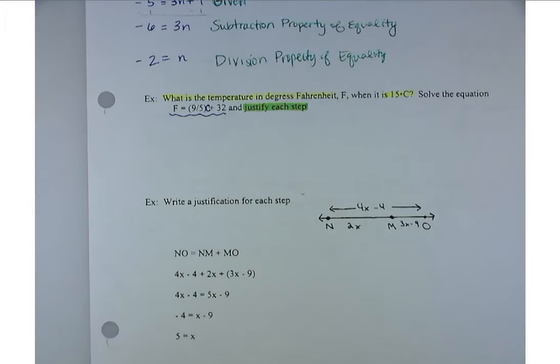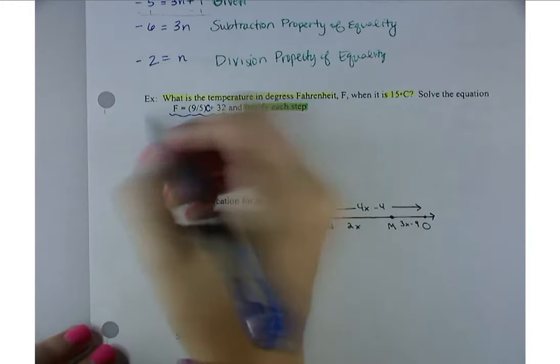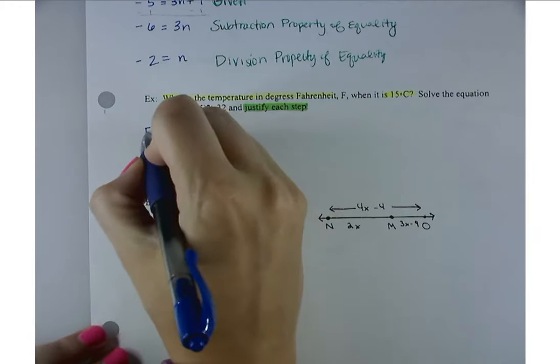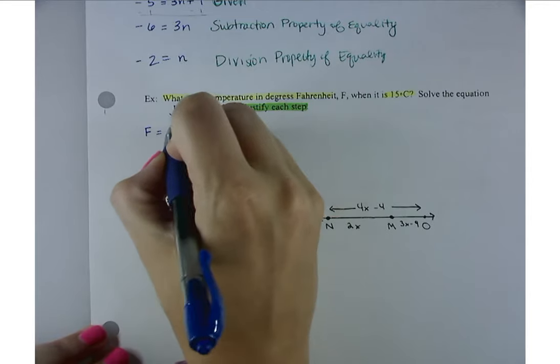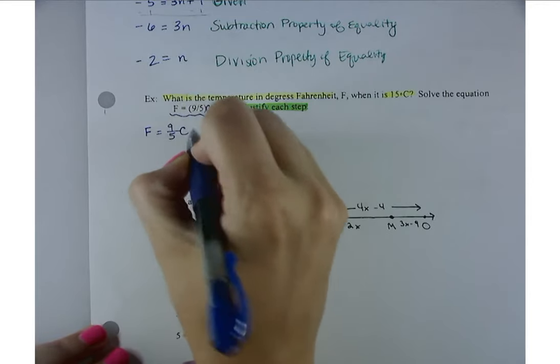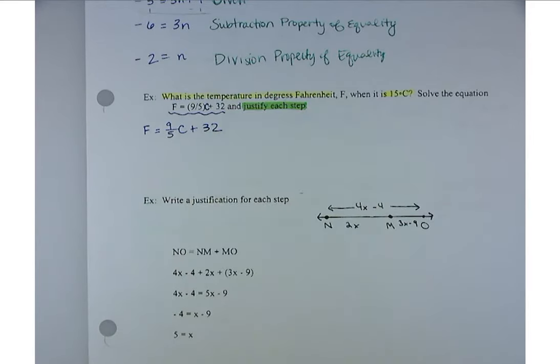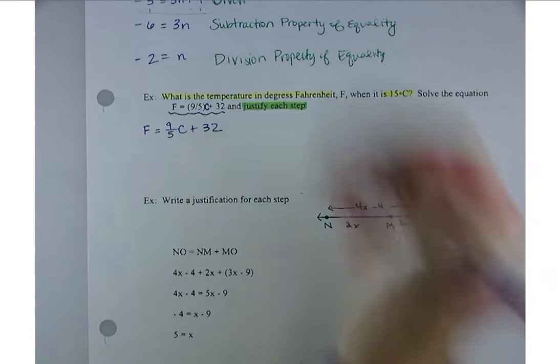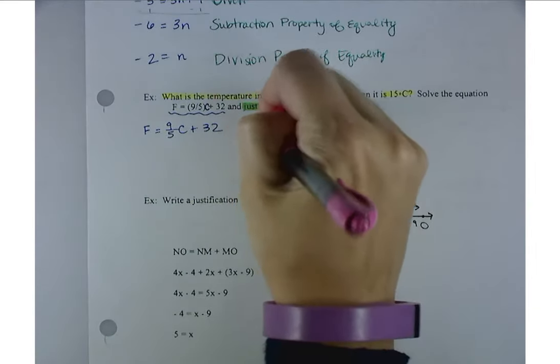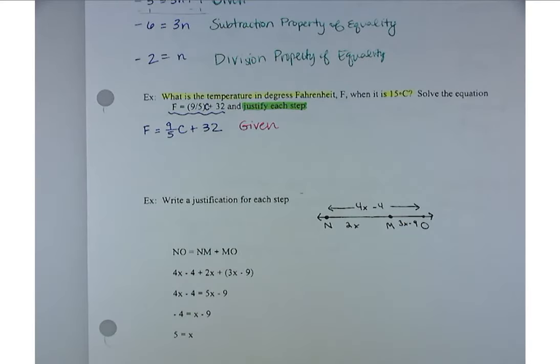Okay, so the first thing we're going to do is start with what we are given. Riley, what are we given in this one? 15 degrees Celsius. What else? And the equation for Fahrenheit. Okay, so let's start with Fahrenheit equals, and I'm going to write it as 9/5 Celsius plus 32. And that is what we were given. Okay, Tanner, what do you think we're going to do with that 15 degrees Celsius?